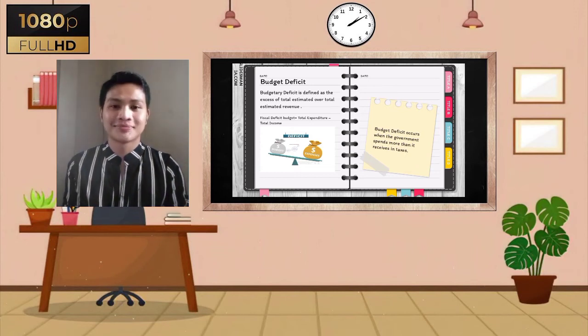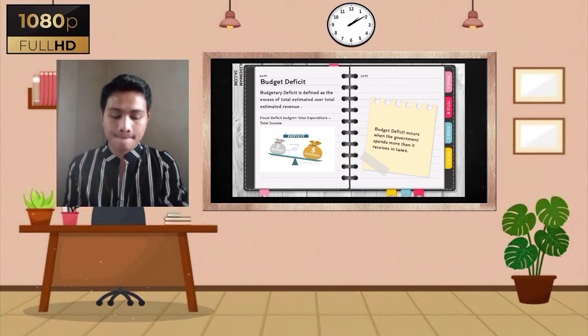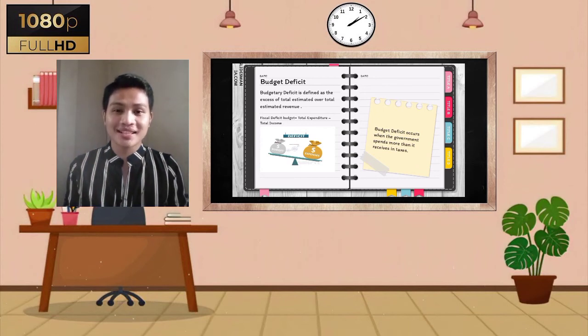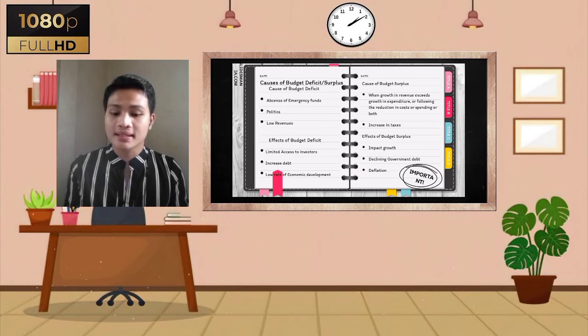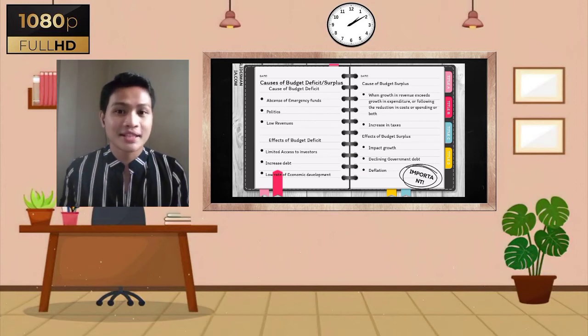And next, the causes of budget deficit and surplus. There are three causes of budget deficit. First is the absence of emergency fund, just like I have said earlier, and the politics and low revenues.